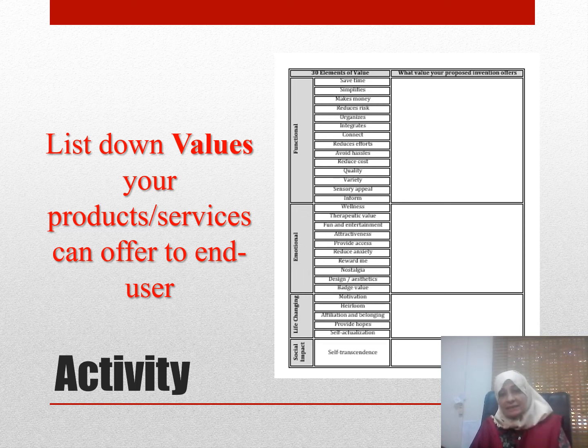Now you can see in this template in front of you, it has again these same four clusters and they have all the elements written there. But as I mentioned already, you need not have a large number of elements for your future invention. You could even talk about a single element of the value pyramid that can connect to your future invention.